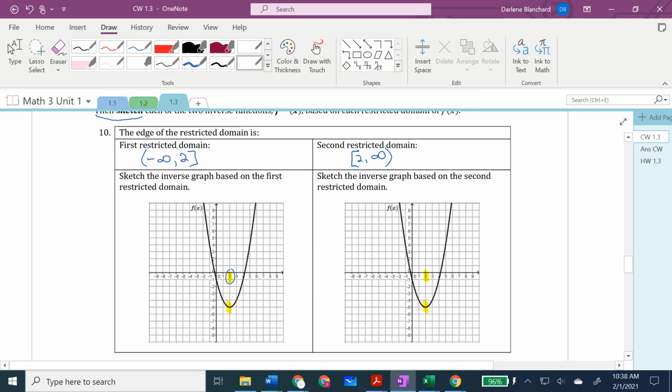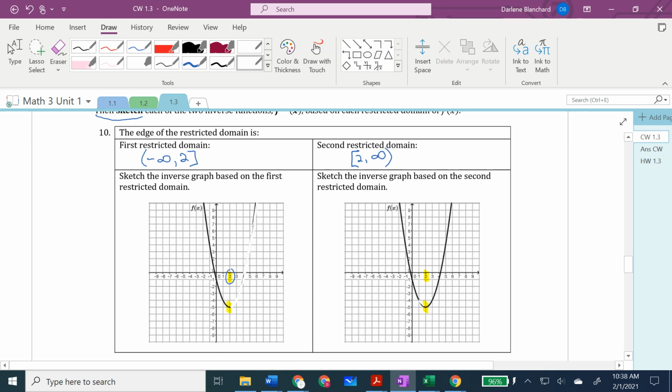I have my first restricted domain be negative infinity to 2. I want to keep it. I want to get rid of what isn't part of it. On the other one, I'm using 2 to infinity. I don't want to cross out 2 to infinity.